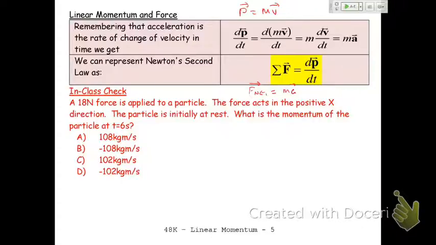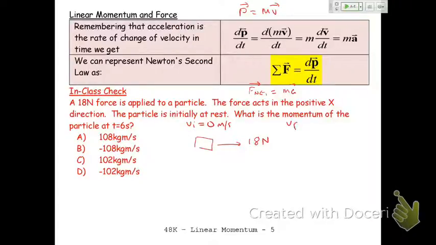So let's have a look at this. An 18 newton force is applied to a particle. The force acts in the positive x direction. So we have the positive x direction, and this is 18 newtons. The particle is initially at rest, so VI is equal to 0 meters per second. What is the momentum of the particle at T equals 6 seconds?